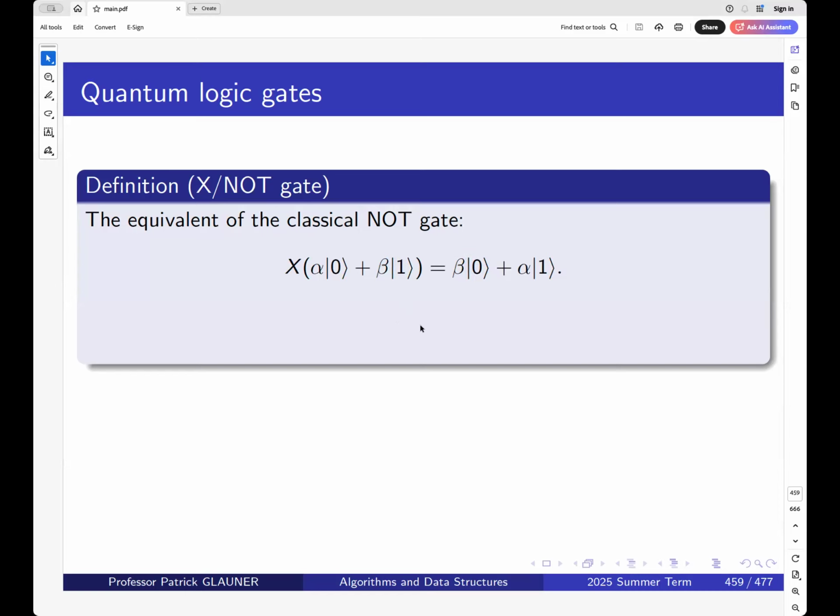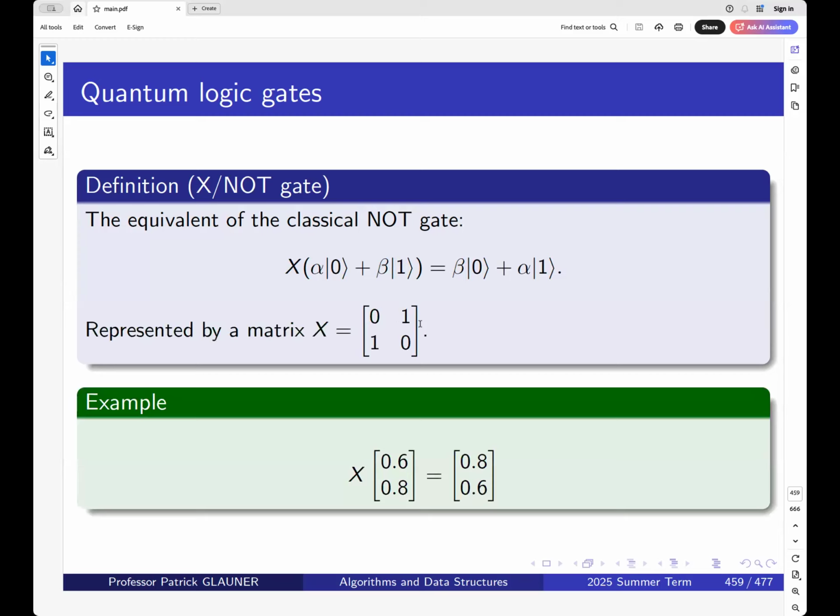So we just flip these two probability amplitudes. It turns out you can represent our quantum operations as matrices. And our NOT gate, our X gate, can be represented as this matrix, which is a 2 times 2 matrix, which is 0, 1, 1, 0.